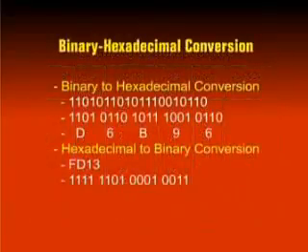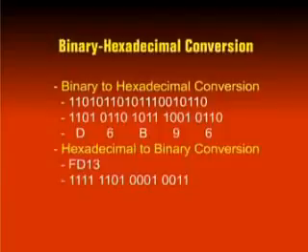Binary numbers have to be converted into hexadecimal. As we have said, the hexadecimal number system is used to represent long binary numbers in a compact and concise form. So to convert from binary to hexadecimal, simply write the binary string and organize the string into groups of 4s.